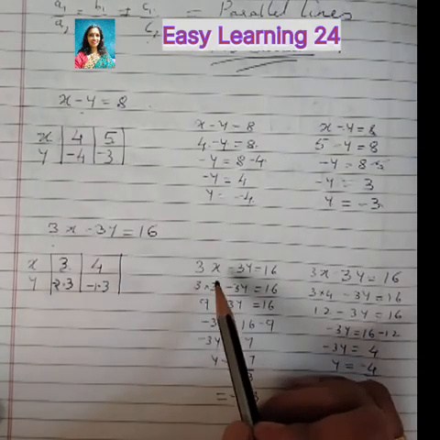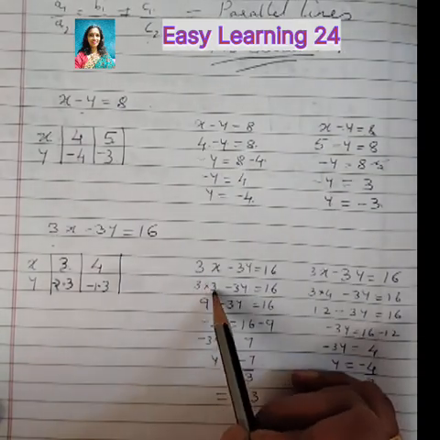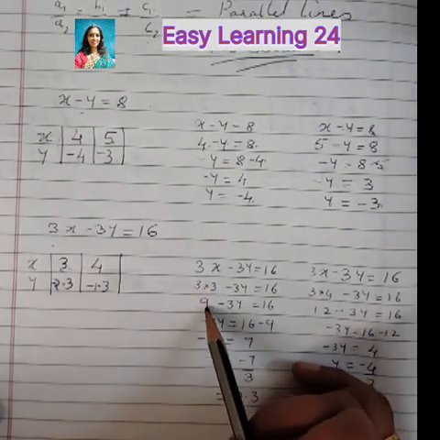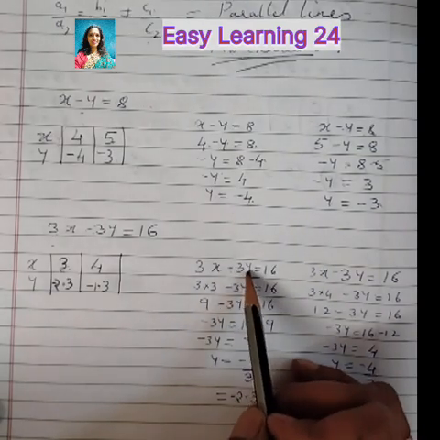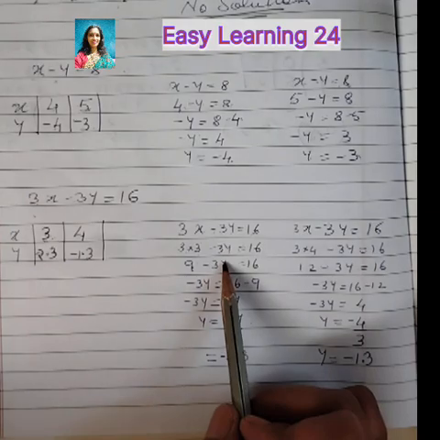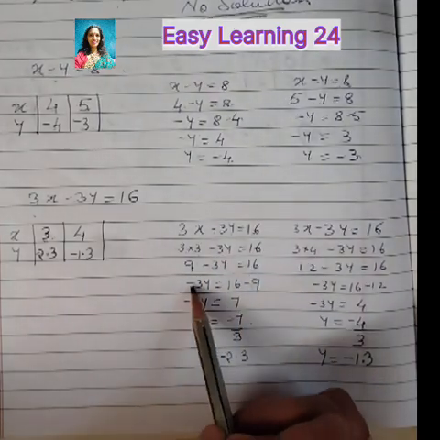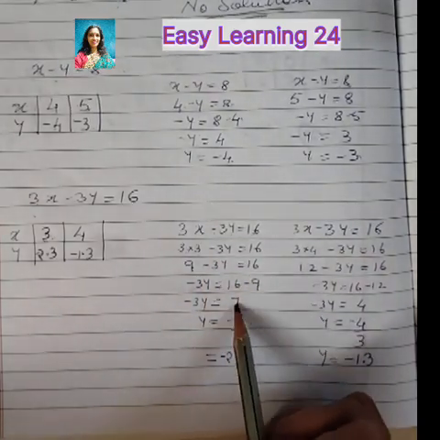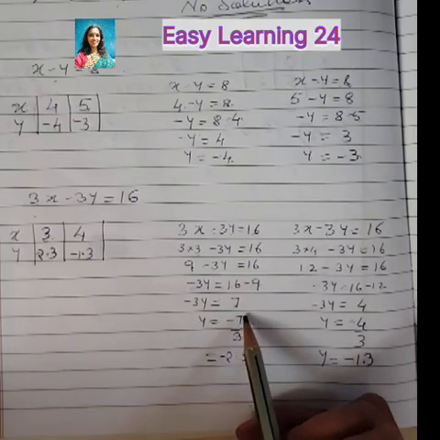So x is equal to 3, and we put it into this equation. Instead of x I put 3, so 3 3s are 9, minus 3y is equal to 16. Minus 3y is equal to 16 minus 9, which is 7, and y is equal to minus 7 upon 3.